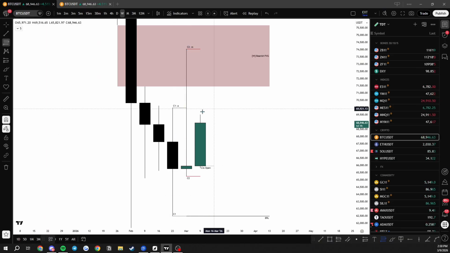So right now we're anticipating this to be candle 3. And you don't have to trade candle 3. You could of course trade candle 4, or maybe even 5, depending on if candle 3 or 4 even hits this ERL first. But the answer that I was looking for was the midpoint of this wick.